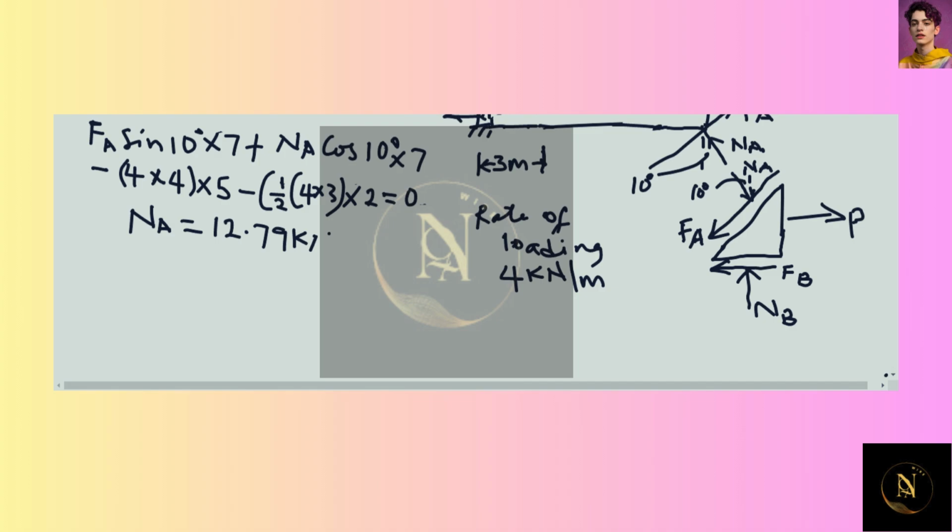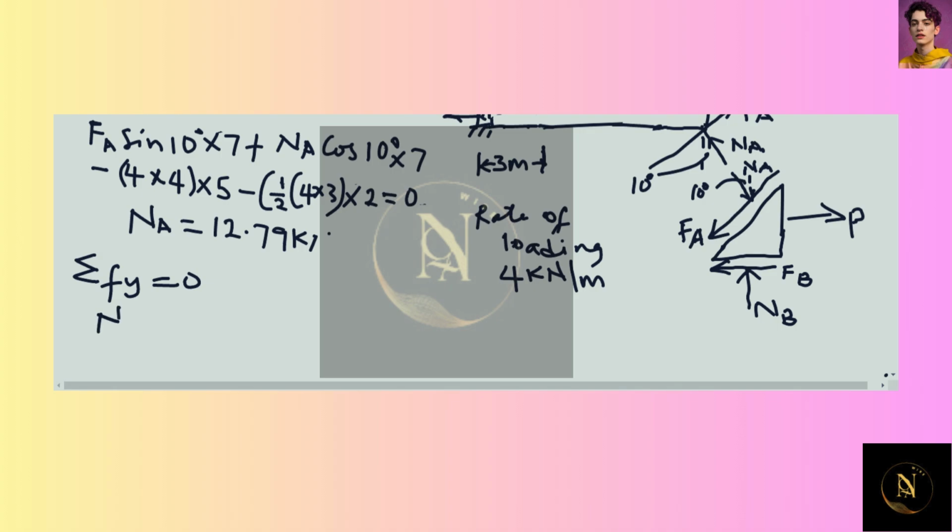Now, between the bottom of the beam and the top of the support, you can take the conditions of equilibrium: the summation of the vertical forces is equal to 0.